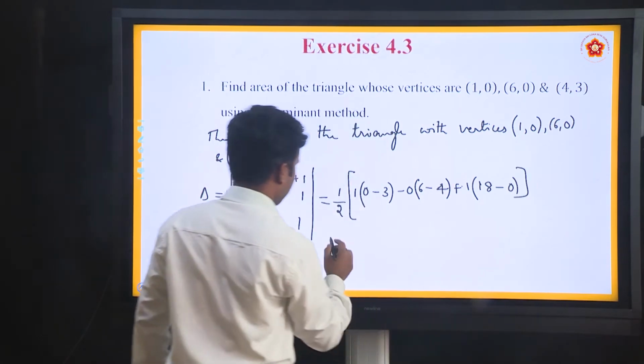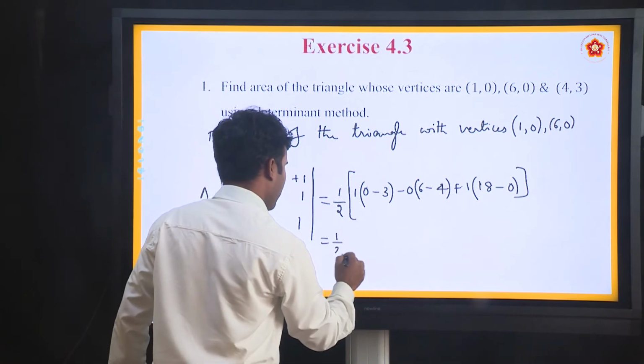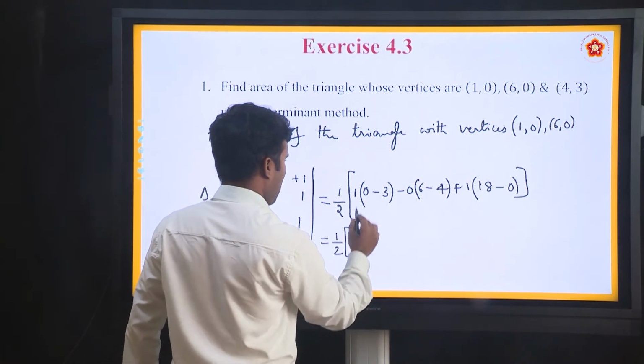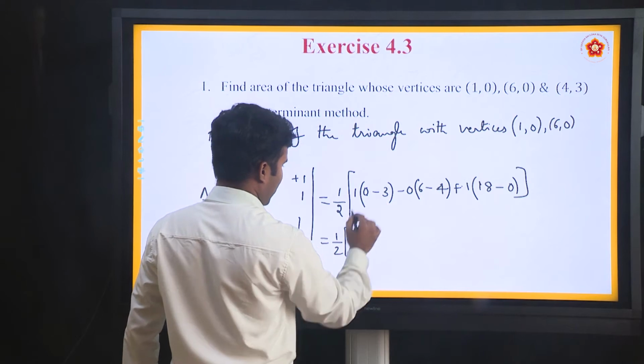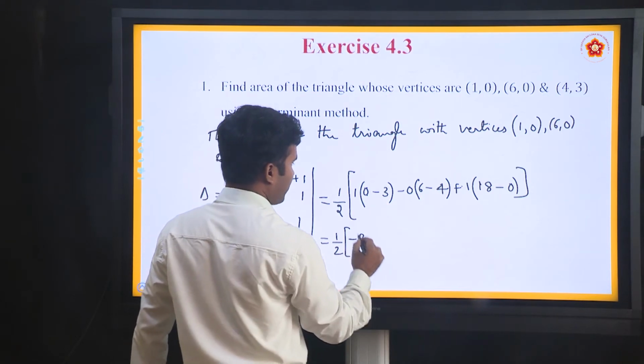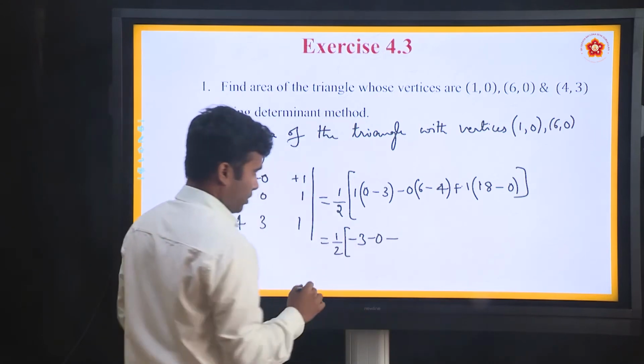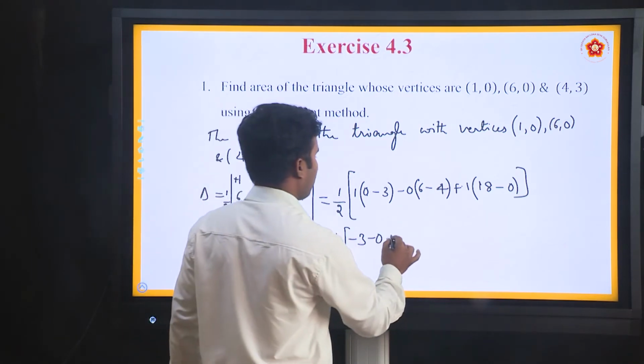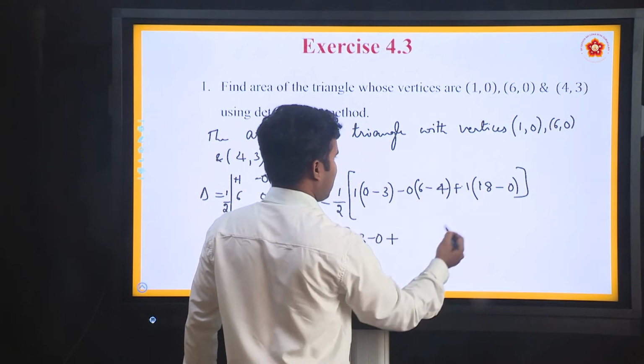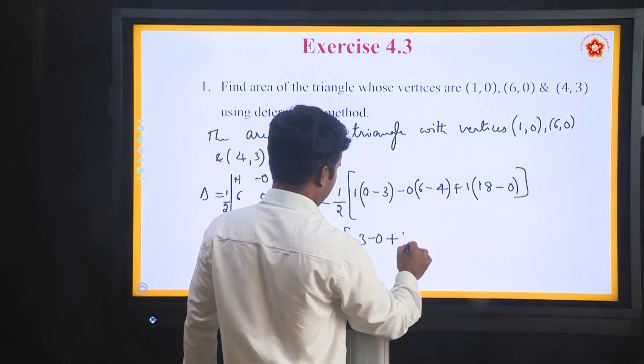So, this is equal to half into 0 minus 3 is minus 3, minus 3 into 1 is minus 3, and this entire thing will become 0 as you multiply 0 with that, plus 1 into 18 minus 0 is 18, 18 into 1 is 18.